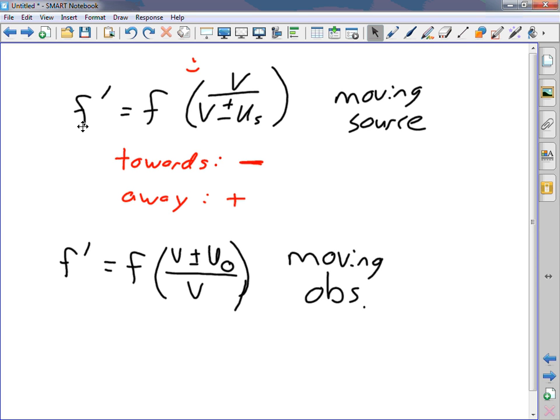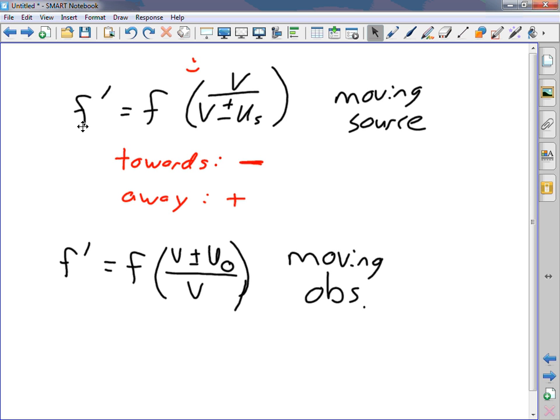The same effect happens if the police car has a siren going and is sitting on the side of the road, and you're driving towards him and then pass him. Whenever you're coming at him, you are naturally hitting more waves more often, because you are running into them. Whenever you get to the other side, you're running away from them, so they only hit you less often. The frequency will go down.